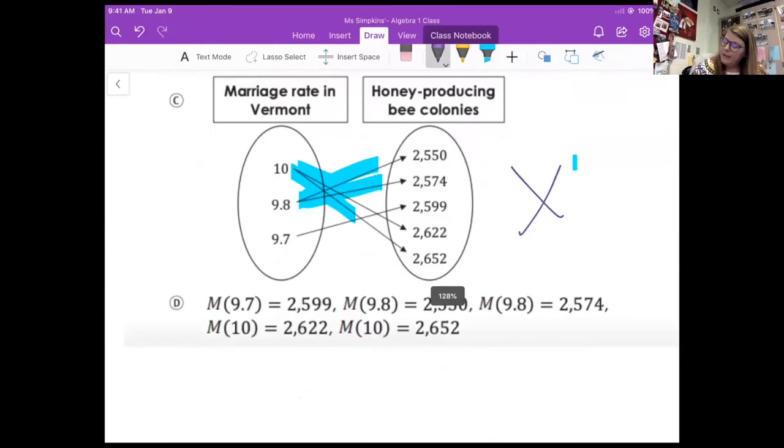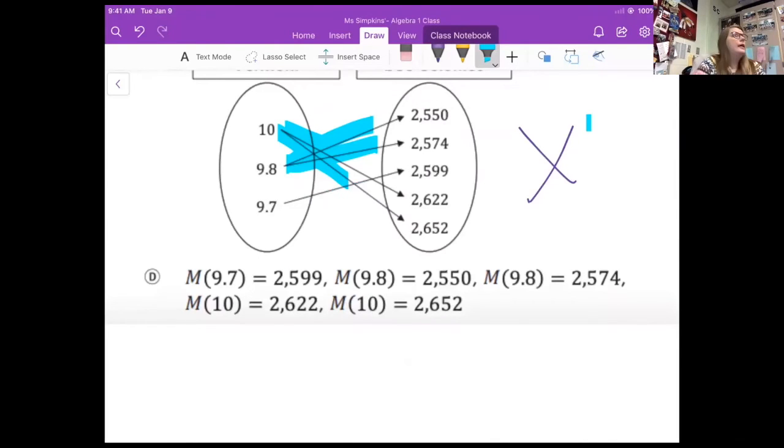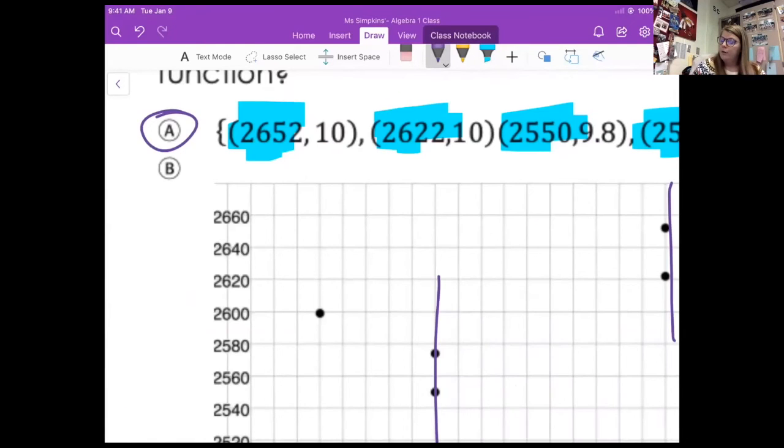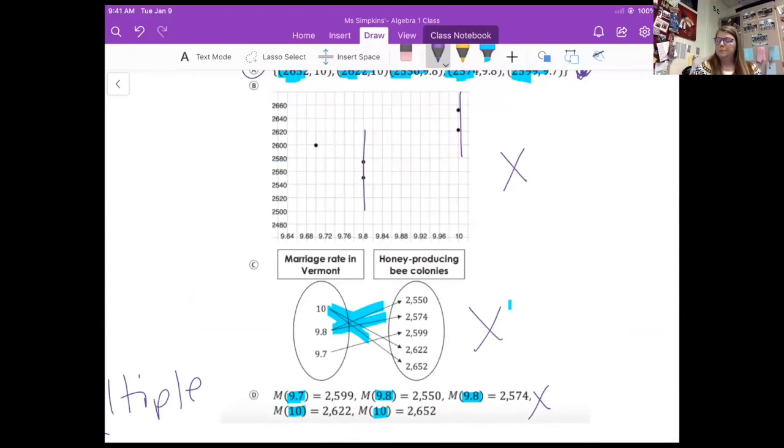And then if we look at D, remember our inputs are in the parentheses: 9.7, 9.8, 9.8, 10, and 10. It's not. 9.8 is going to 2,550 and 9.8 is going to 2,574. So I would consider that not a function. So the only one that was a function was letter A. The other representations were not functions.